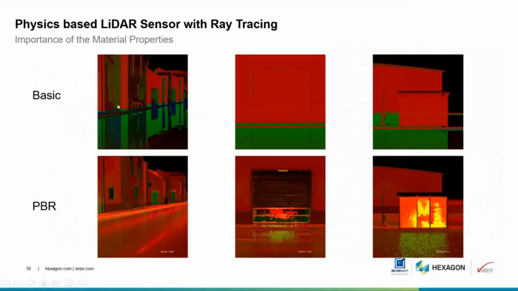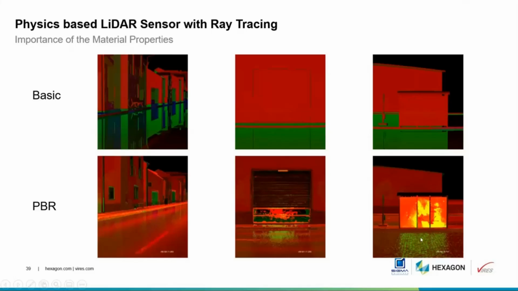And you could see the difference between the physics-based and the basic OpenGL rendering. If you see the same image rendered on both, here you could see that the door and the metals have been very clearly detected or rendered with the physics-based simulation. Here also you could see that there is a bus stop.